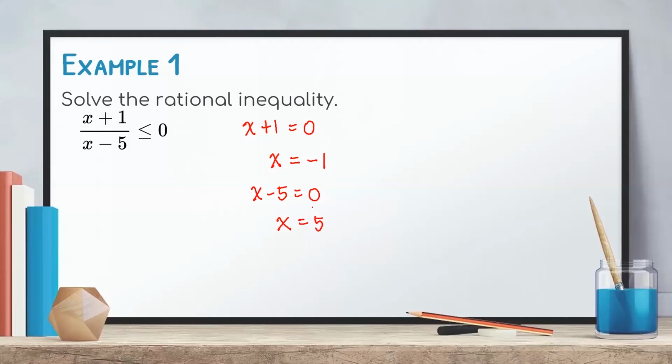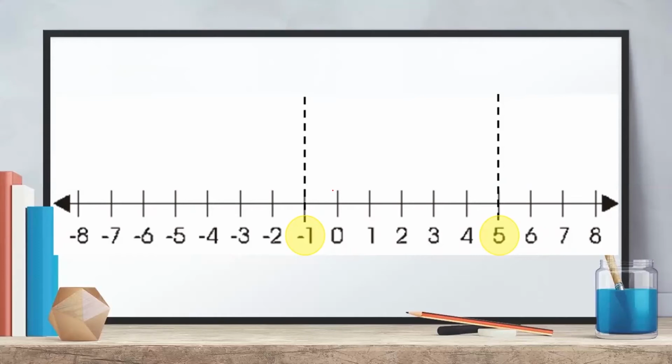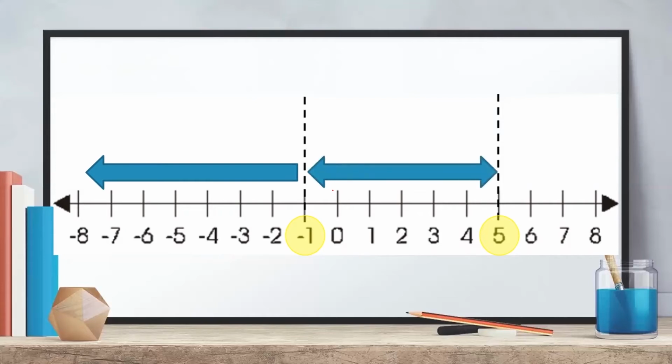After determining the zeros, use these values to determine the intervals on the number line. Therefore, we will be using negative 1 and positive 5. Since we have two zeros, the number line will have 3 intervals, namely numbers less than negative 1, numbers from negative 1 to 5, and numbers greater than 5.